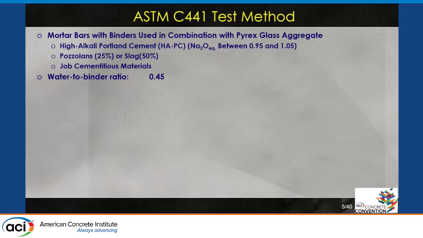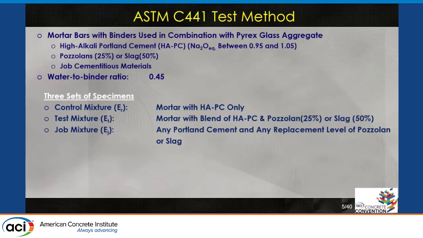The test method also has a provision to evaluate job cementitious materials in whatever combinations, whether binary or ternary blends. The water to binder ratio in these mortar bars is about 0.45. Essentially, depending on what the intent is, you could cast up to 3 sets of specimens.